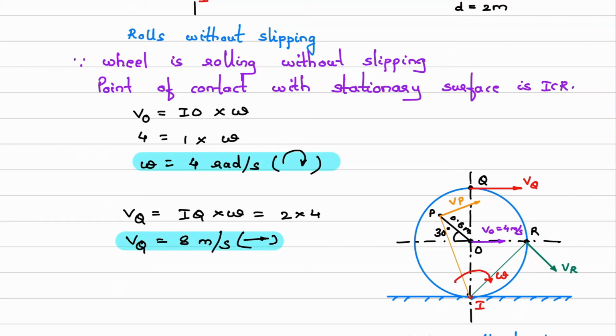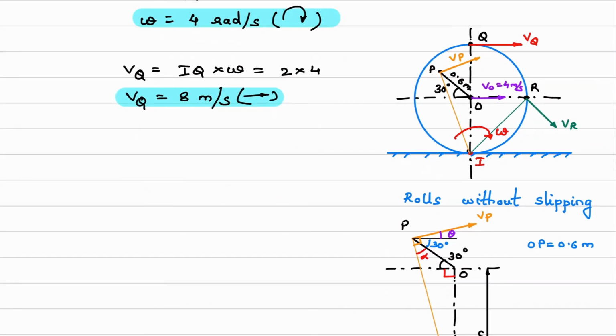This velocity will be equal to IR into omega. So I'll write down VR is equal to IR into omega. What is IR? This is hypotenuse. If you consider triangle OIR, how to calculate IR? It will be under root of OR square plus OI square, because here the angle is 90 degree.